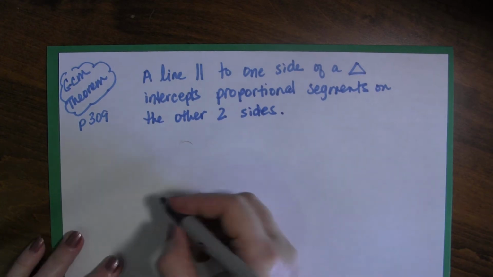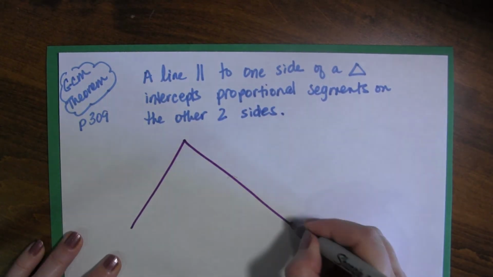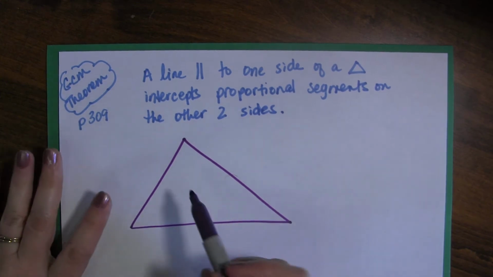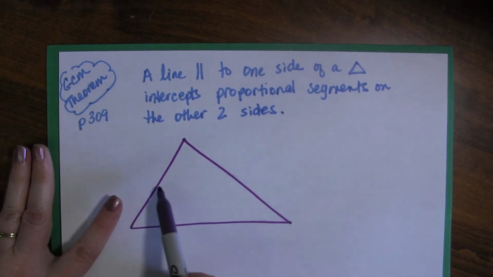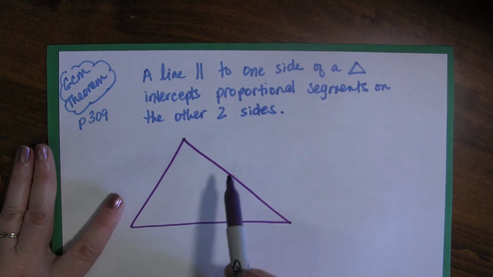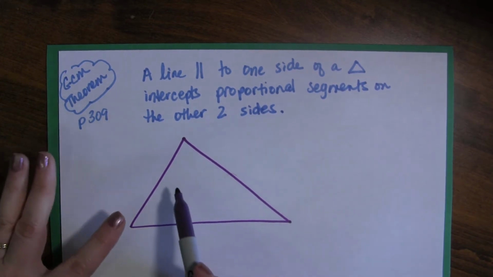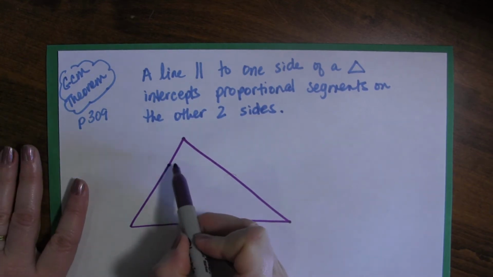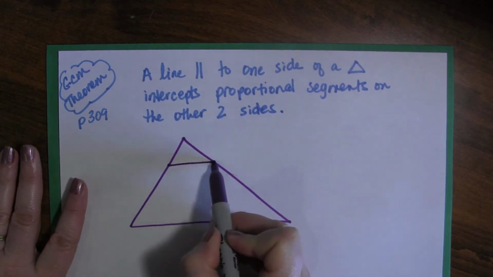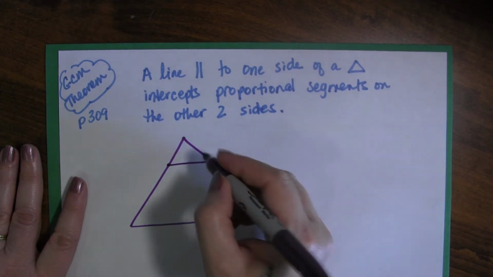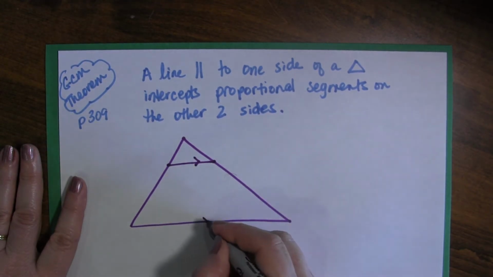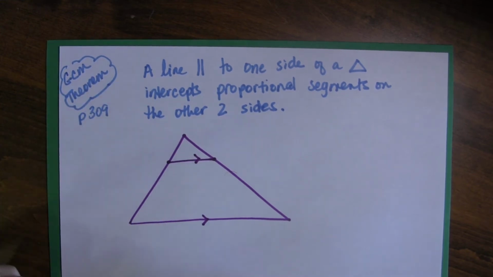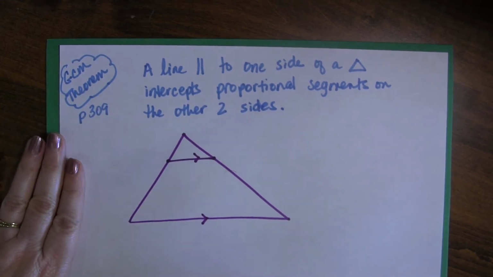Let's draw ourselves a nice little triangle here. That's a lovely triangle. And we are going to draw ourselves a parallel line across. But it does not have to be in the middle, right? Because it does not have to be a mid-segment. So I'm going to draw my line up here. Okay? And I know that this is parallel to that, right? This little line here is parallel to that larger line right there.